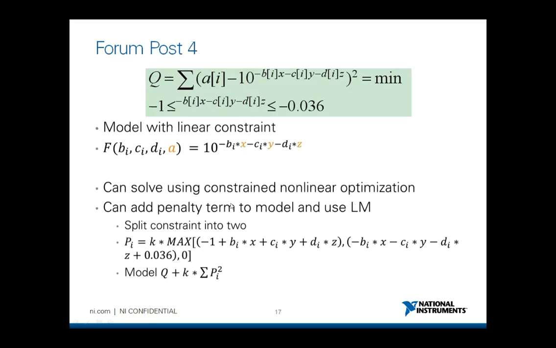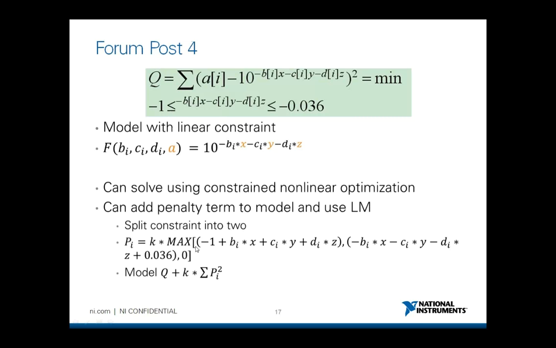So in order to make the penalty term, we split the constraint into two halves, and I'm basically going to rearrange it so that I have the left half, so -1, and then I'm adding the center portion to the left side, so I have -1 plus this. And I'm taking the max of this term, which is the right-hand side of the constraint, and 0.